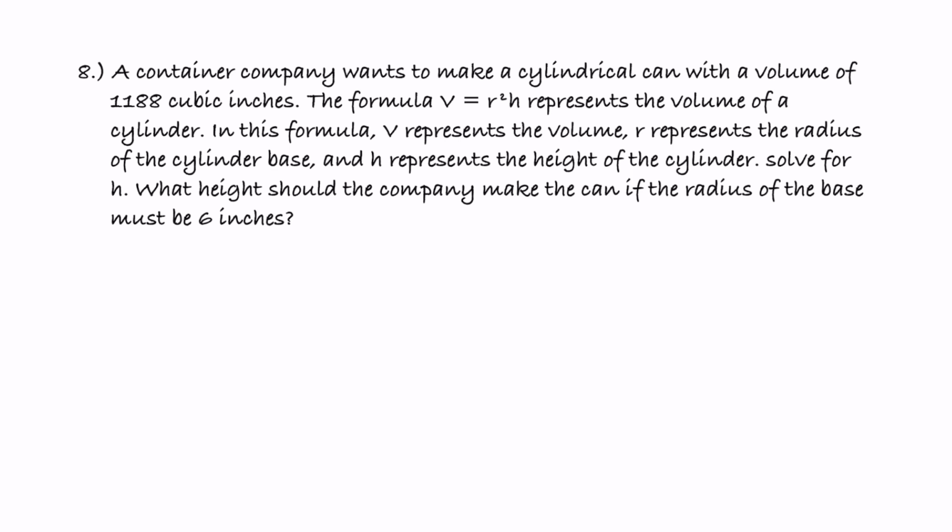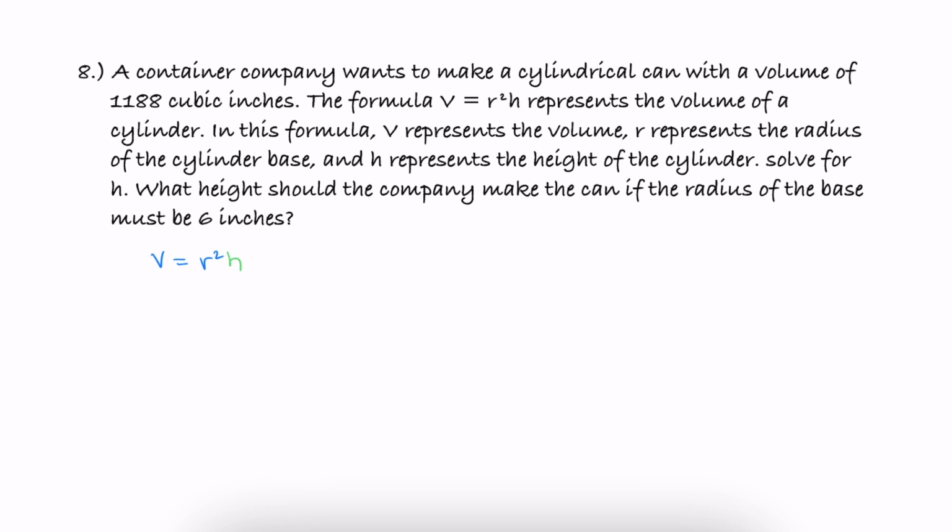Okay, so let's solve for h first, like they asked. I'm going to rewrite the formula here so it'll be easier to see. So V equals pi r squared h. And because we're solving for h, I'm going to single that out and make it green.